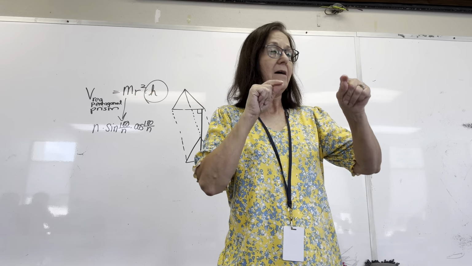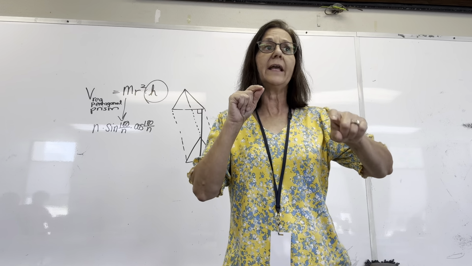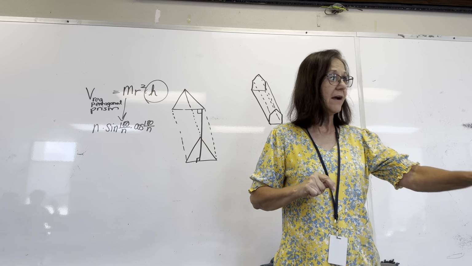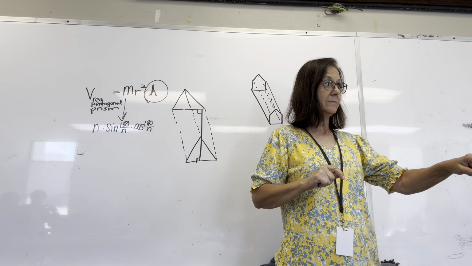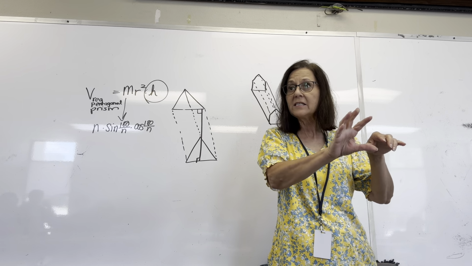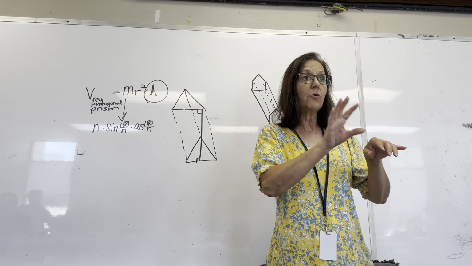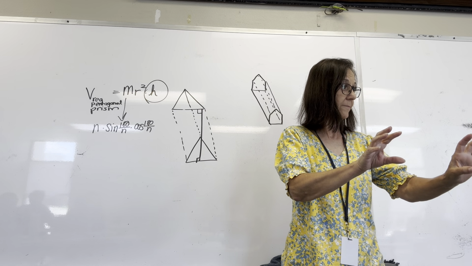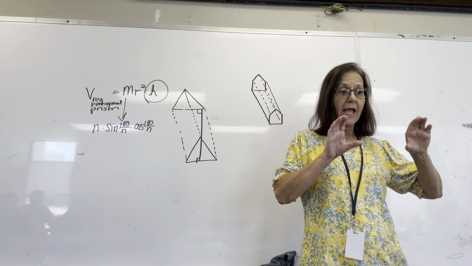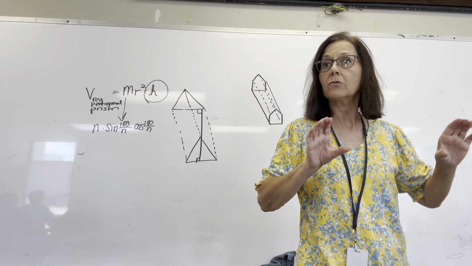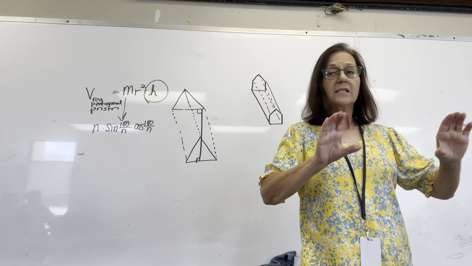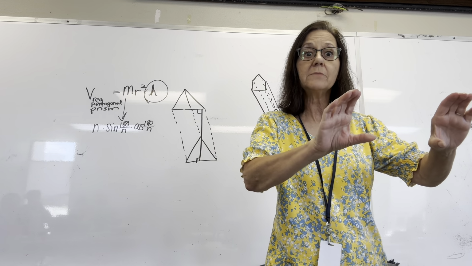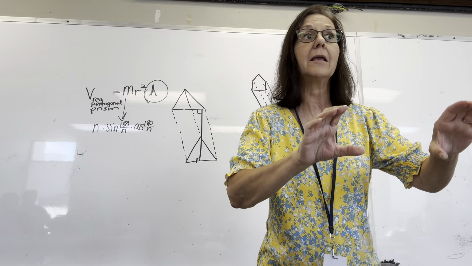If the area of the triangle is the same as the area of the rectangle, so 1/2 base times height is equivalent to base times height in the rectangle, and I cut a cross section out of those solids such that they can lie between parallel planes, then their volumes are the same.